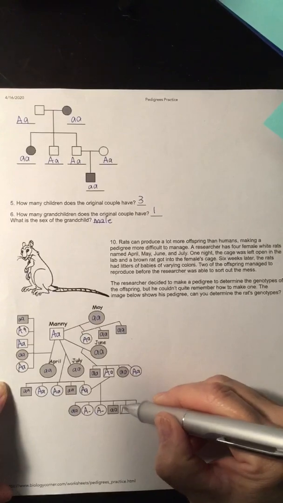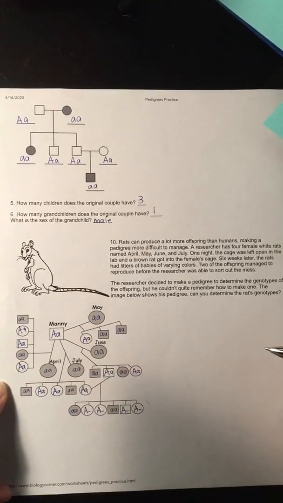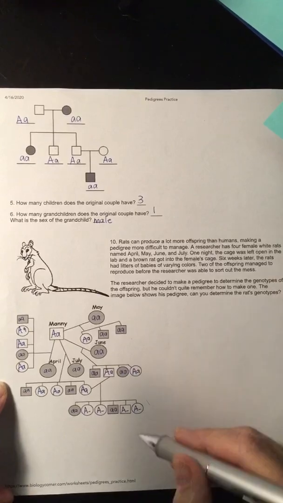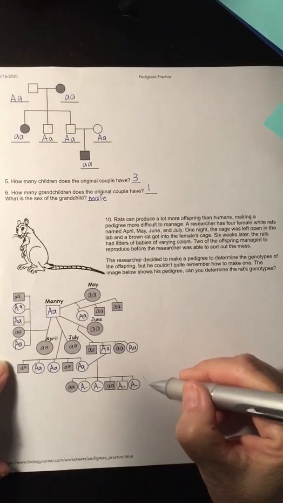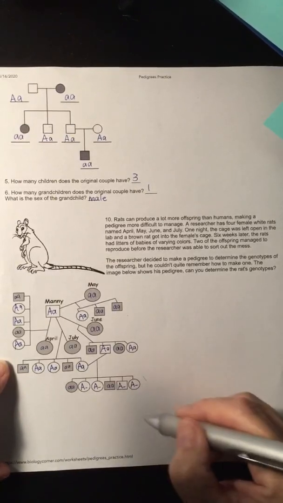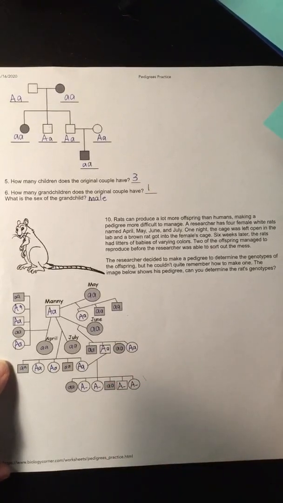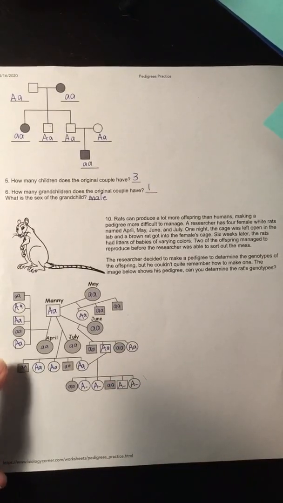Same thing here. Now, we don't know. And like before, it could show up in the next generation. We could figure it out. It could show up in the grandchildren of these children, but we don't know.